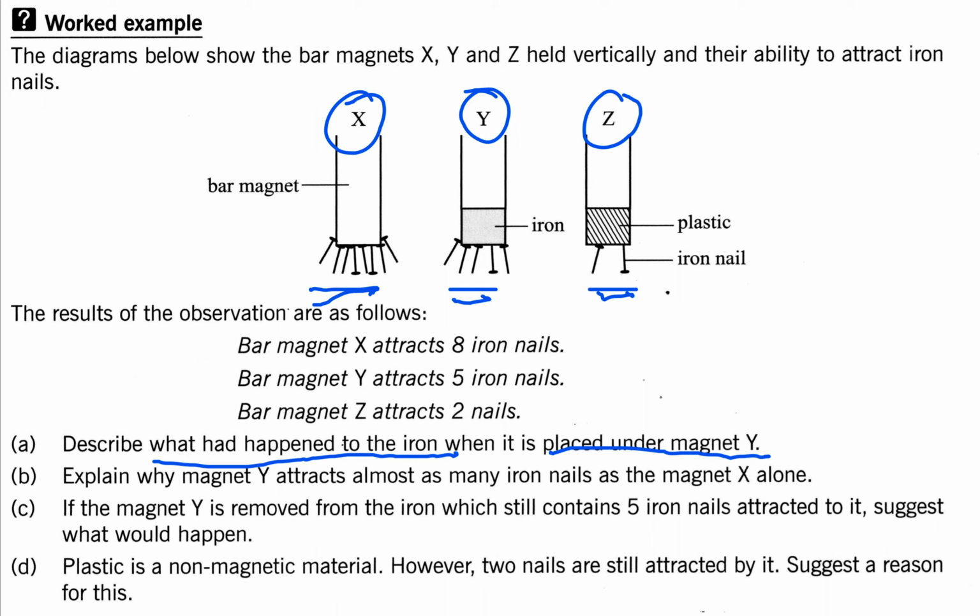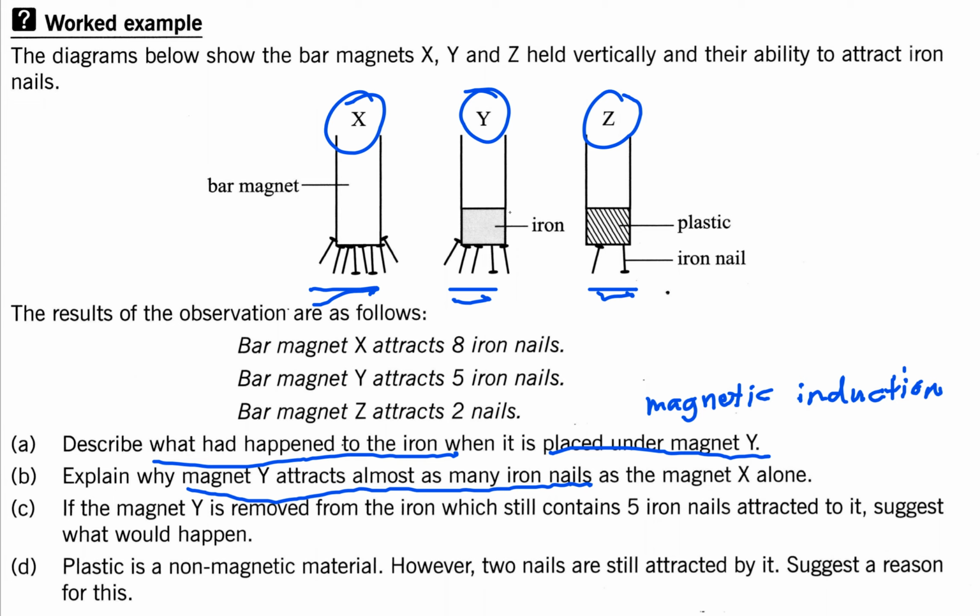They experienced magnetic induction, so they became temporary magnets, so they can be attracted to magnet X. Question B: magnet Y also attracts many iron nails. Why?